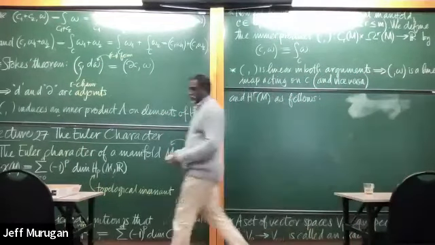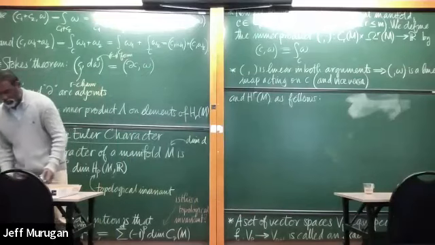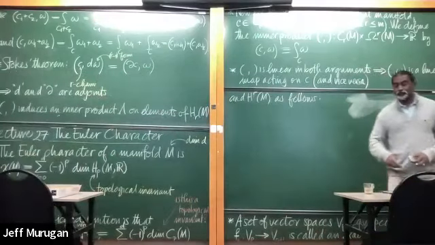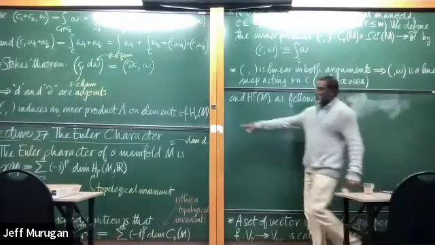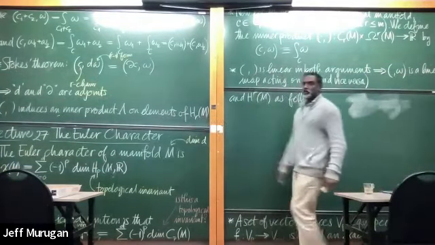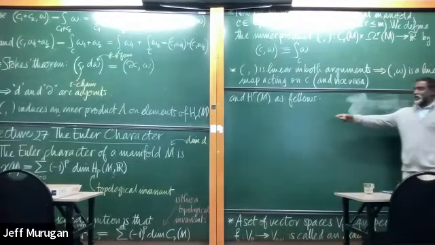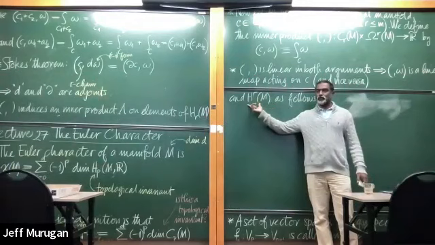So we'll define. So remember, H_r consists of equivalence classes of chains, and H^r consists of equivalence classes of forms.